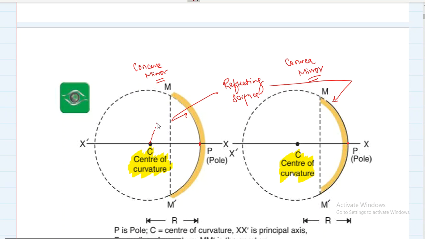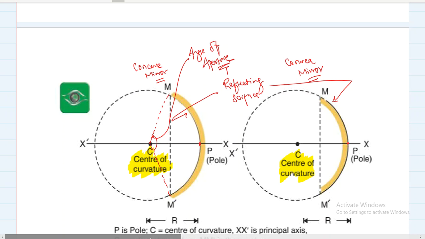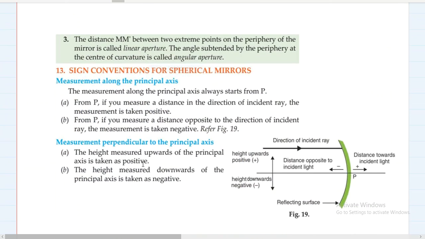C को M से ज्वाइन करो और C को M डैश से ज्वाइन करो, तो इसको क्या बोलते हैं? एंगल ऑफ अपर्चर. ठीक है. सो दिस इज एंगल ऑफ अपर्चर. एंगुलर अपर्चर भी बोलते हैं इसको.